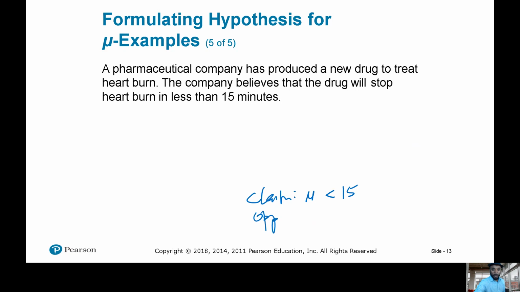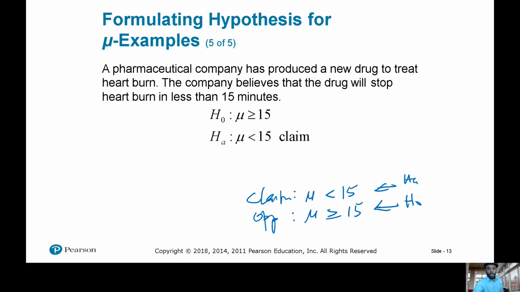And the opposite here is that mu is greater than or equal to 15. So this will be our null hypothesis, and this would be our alternative hypothesis. The null hypothesis is the opposite, and the alternative hypothesis is our claim.